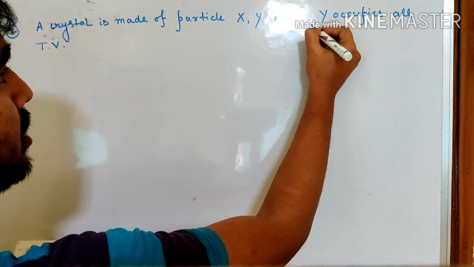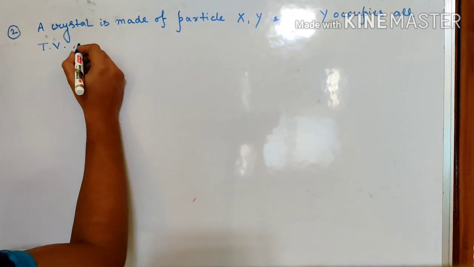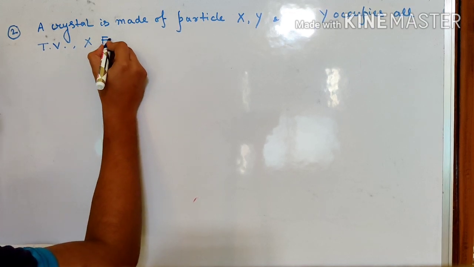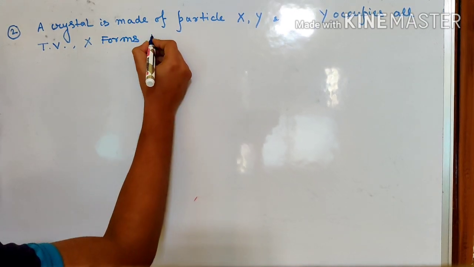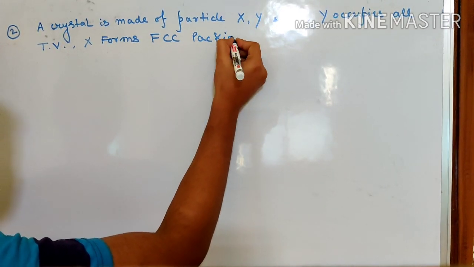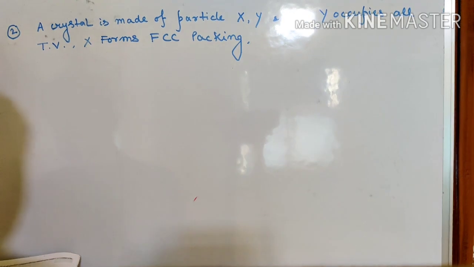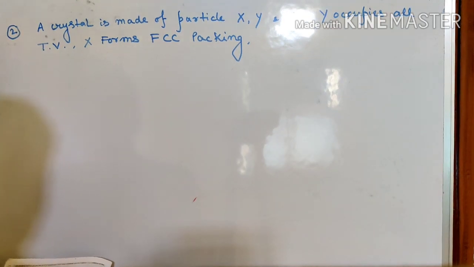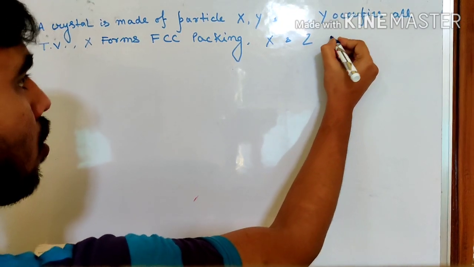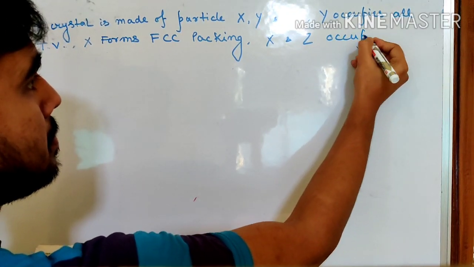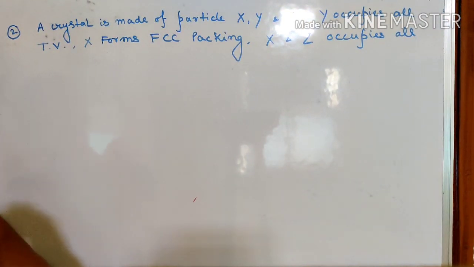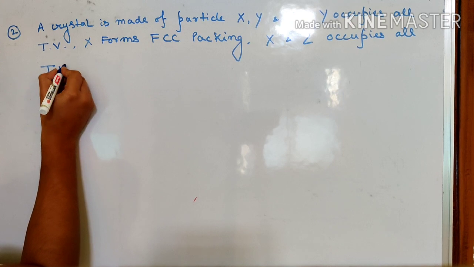Here it is also mentioned that X forms FCC packing and X and Z occupies all tetrahedral voids.